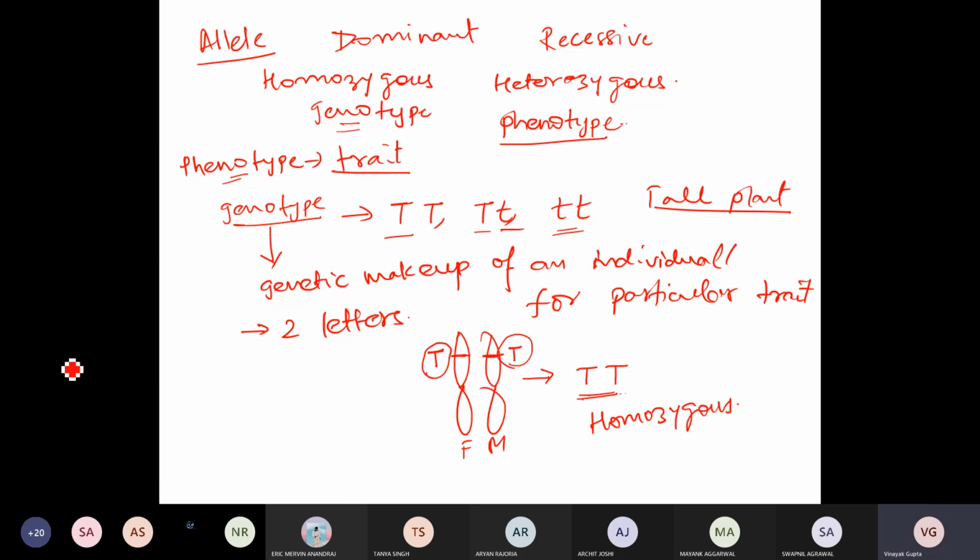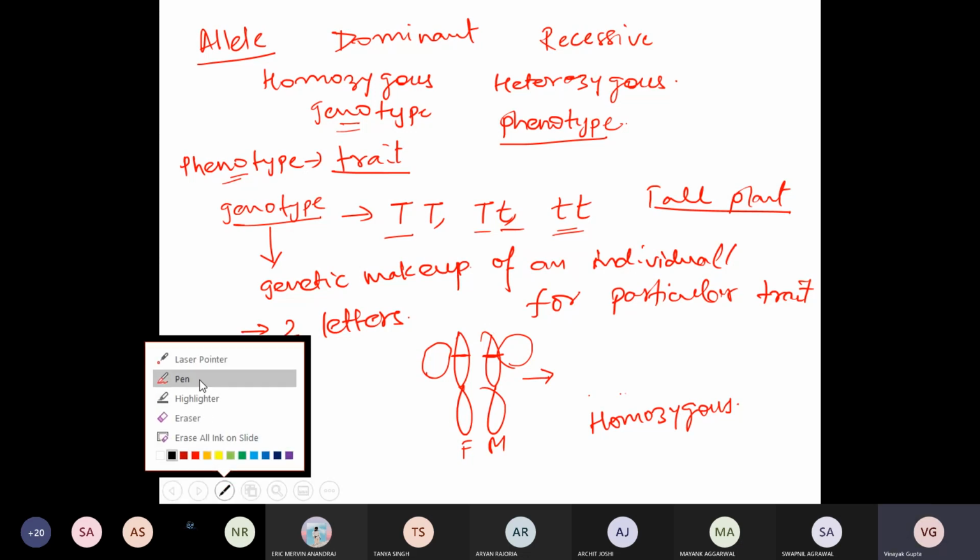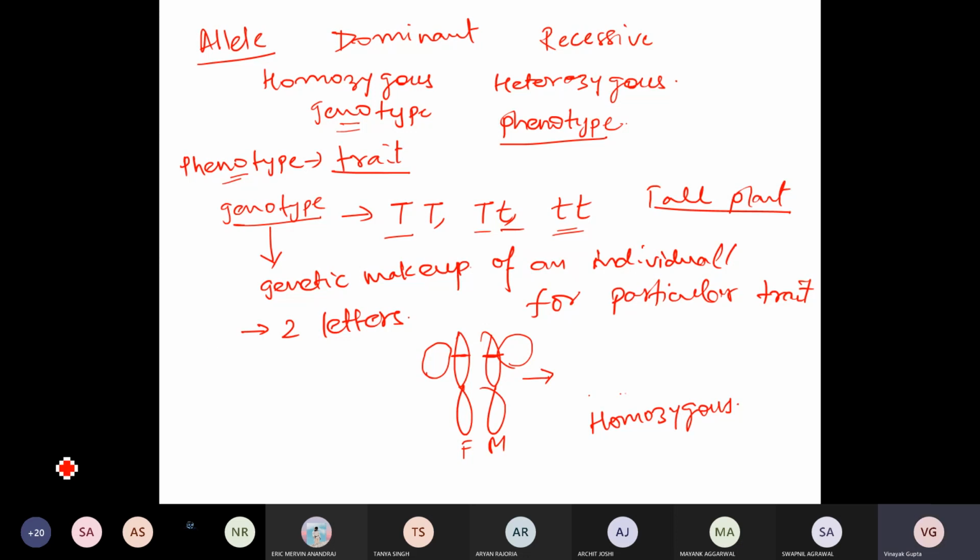The situation may be that, instead of capital T, the third possibility is that you have the allele from the father which is responsible for small height, represented by small t, and the same allele you got from the mother, small height, again small t.